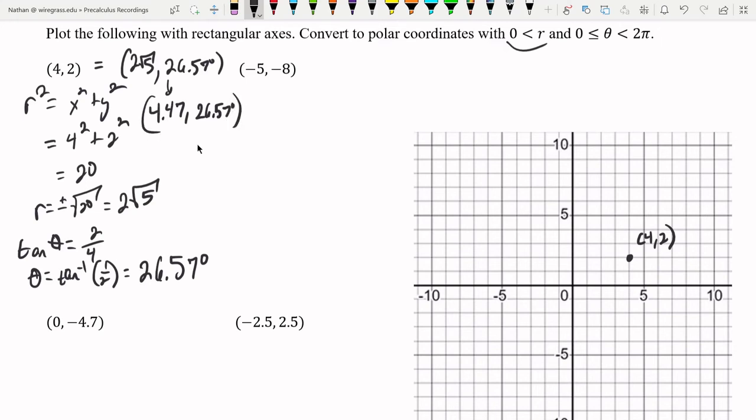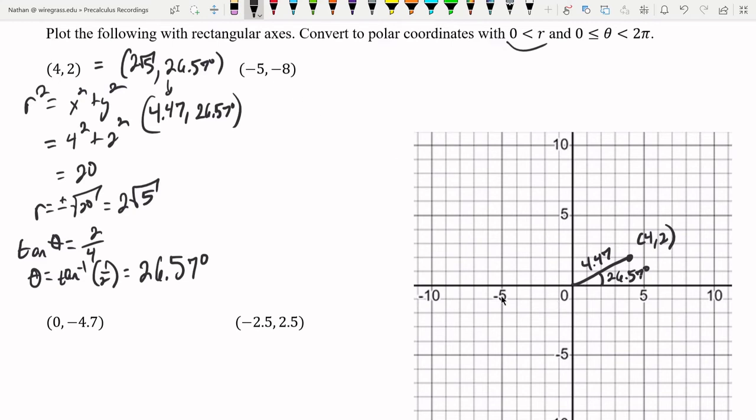That's the polar coordinate. So what this means is that this length here is going to be 4.47, and this angle here is going to be 26.57 degrees.